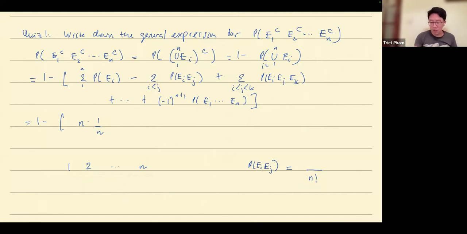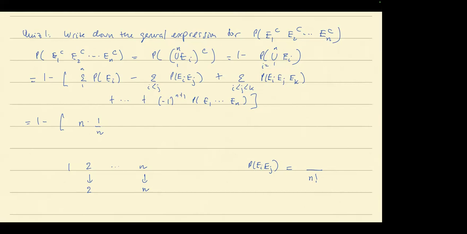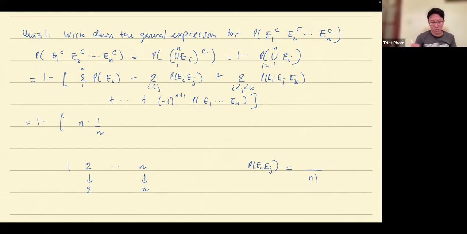Now, out of this, how many ways can it happen so that the ith person and the jth person get their right hats? Suppose the second person and the nth person get the right hat. How many ways can that happen? It's not even only one.